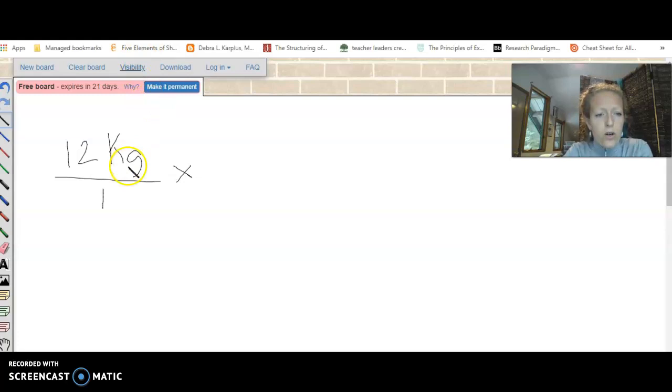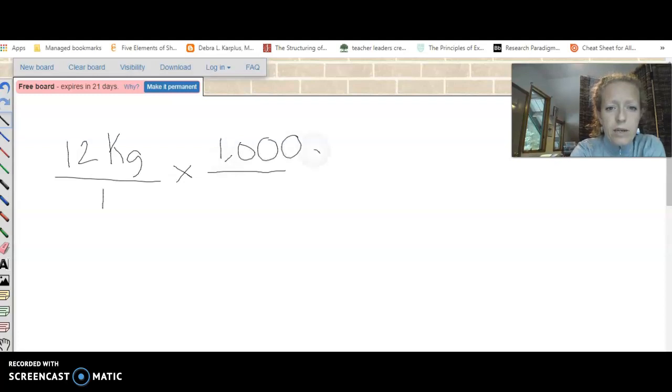Okay, so 12 kilograms is equal, 1 kilogram is equal to how many grams? 1,000. So I know I need to get us from kilograms to grams. I'm going to put my 1,000 grams up here. And this is where I need to see my conversion and I need to see my relationship.